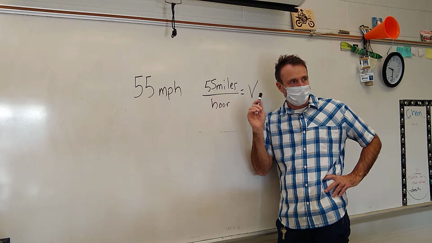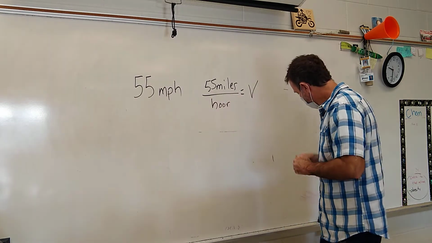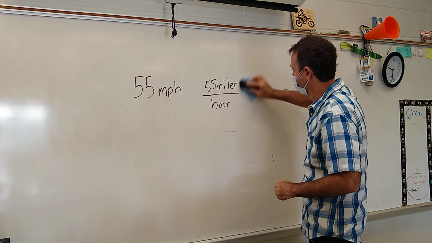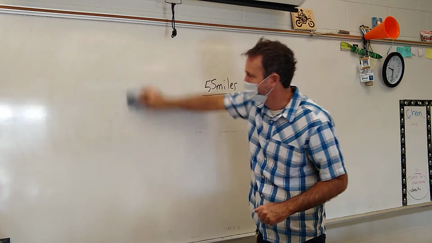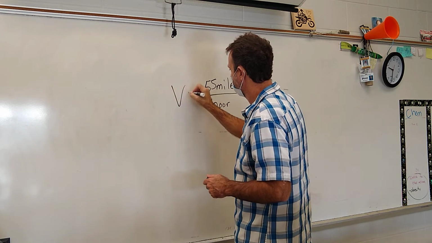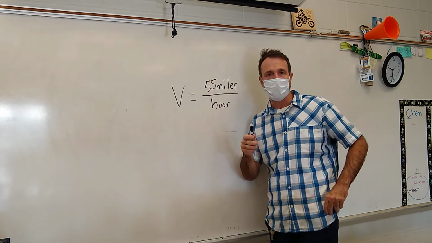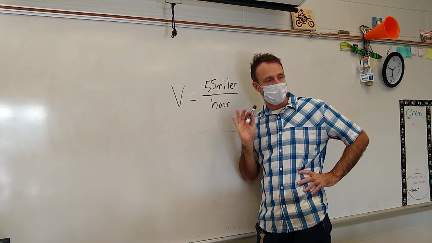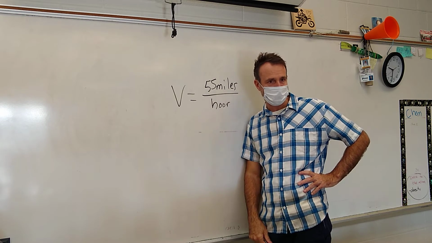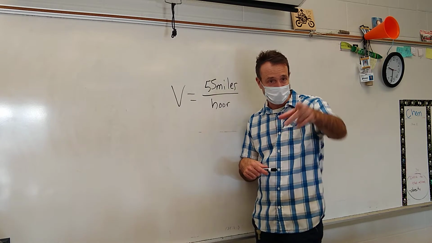Logically, by looking at this, can you tell me what the formula for velocity is? And I haven't even given you your physics tables. Can anyone, by looking at this simple formula, tell me the formula for velocity that will show up in the physics table? Okay, for the sake of time, go.